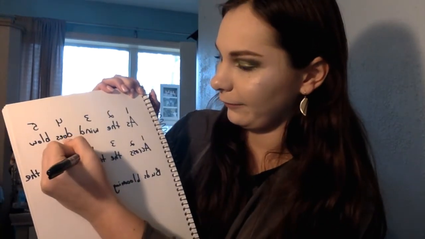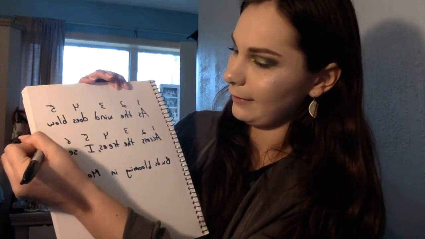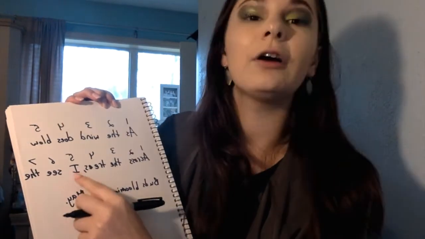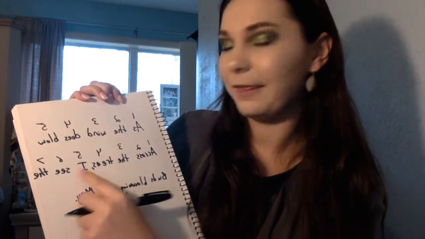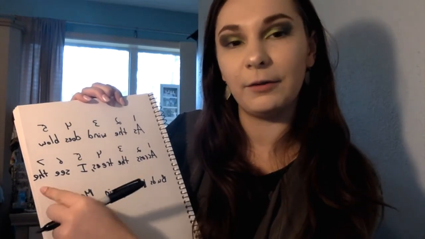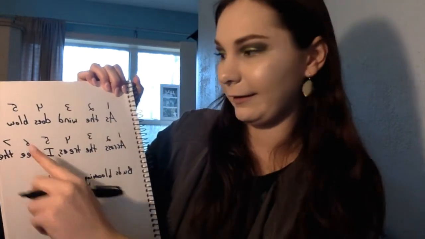Then trees is the 4th syllable. I, see, the are 3 1-syllable words, but they make up the 5th, 6th, and 7th syllables of this second line. So in total we have 7 syllables in the second line.